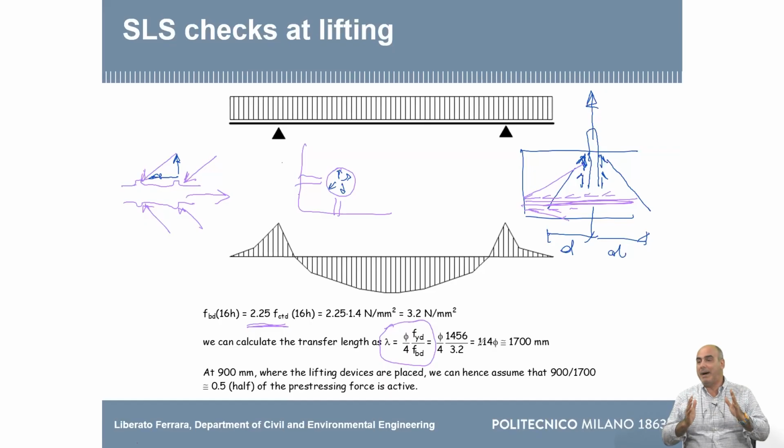Why this? This is about twice the effective depth of the cross section, and it's about half of the development length. So I am at a balance between allowing enough space for the diffusion of the stresses and also allowing enough space for the pre-stressing to be distributed, because at half the development length, I can expect to have half of the pre-stressing active. I use a proportional diffusion law.